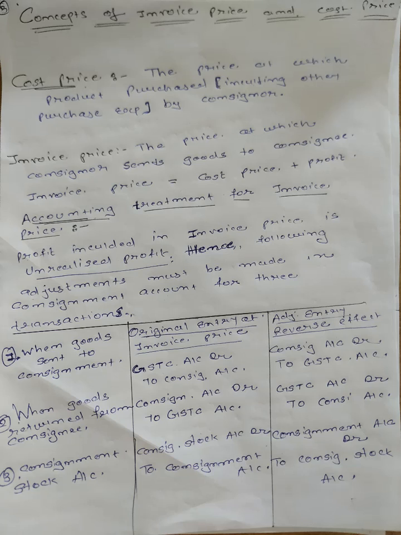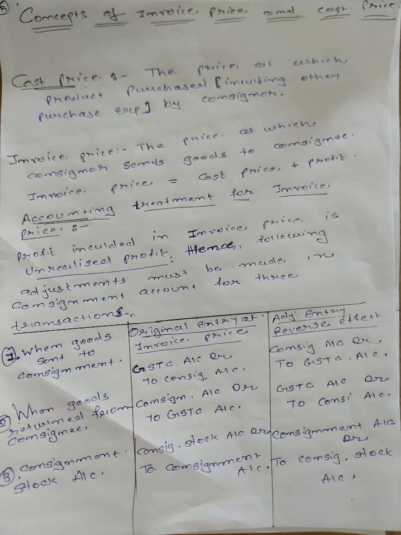There are many reasons why the consignor sends goods at an invoice price. One assumption is that the consignee will not have any idea about the cost price, and there will be no malfunctioning or fraud in the consignment business.